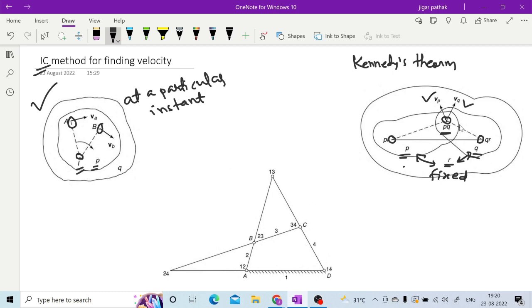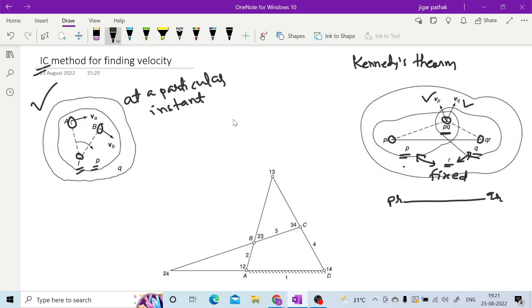The same point cannot have two different directions of velocity, so PQ cannot lie at any point other than on the line joining PR and QR. That is what Kennedy's theorem says: the third instantaneous center must lie on the same straight line.